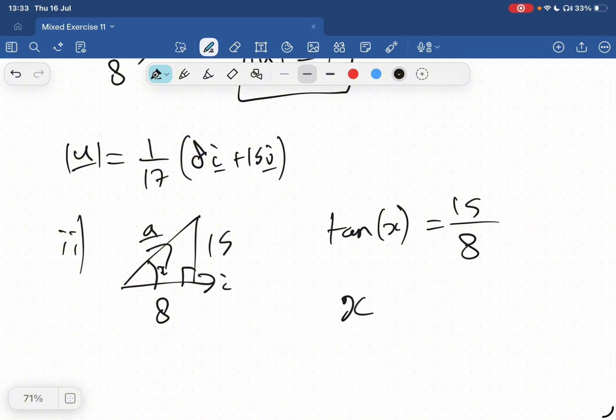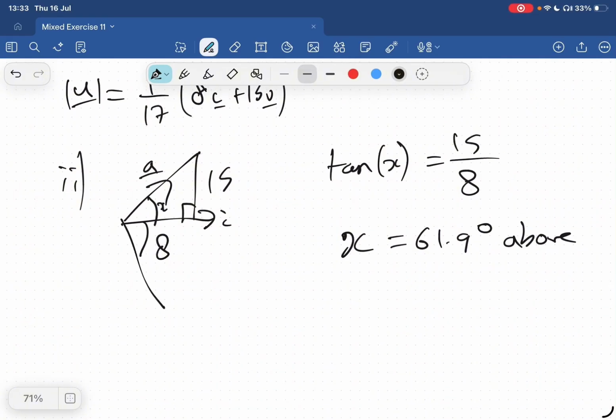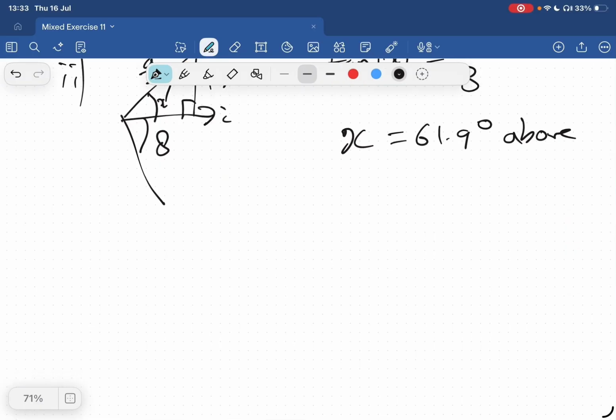Putting tan inverse of 15 over 8 in our calculator gives us 61.9 degrees above i. We could also have 61.9 degrees below i, so we need to specify if it's above or below.